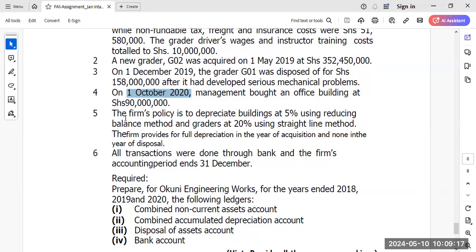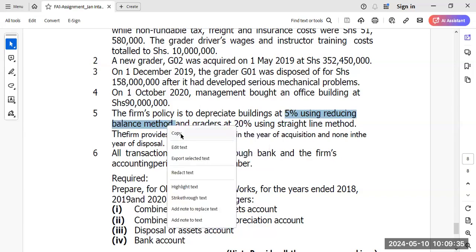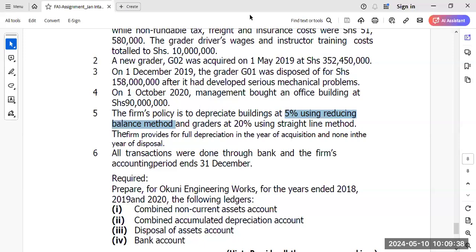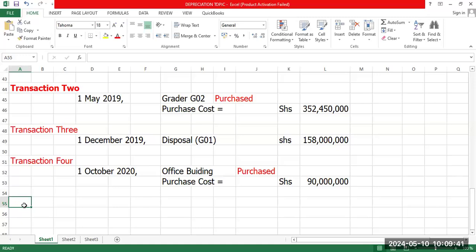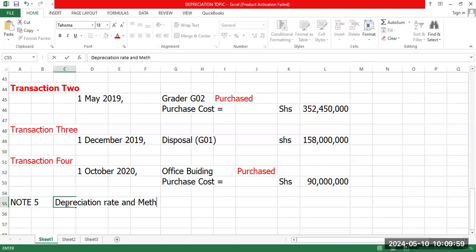They are telling you the firm's policy is to depreciate buildings at 5% using the reducing balance method. For the method of depreciation, now they are giving you the depreciation rate and the method of depreciation.